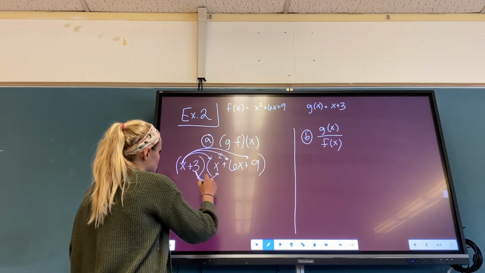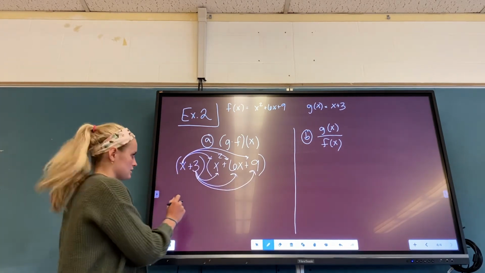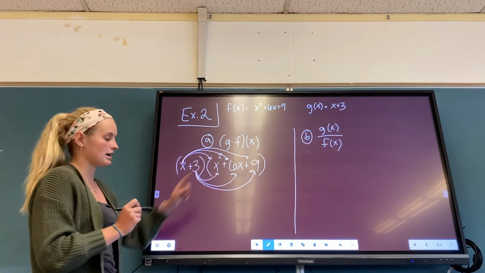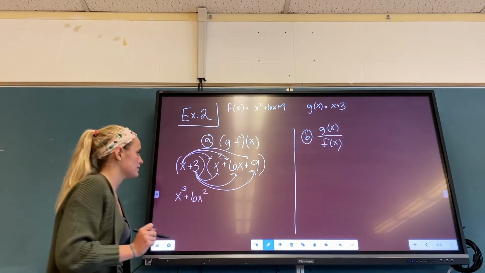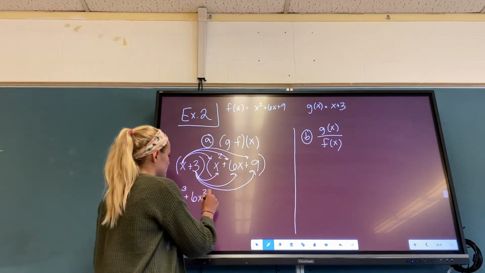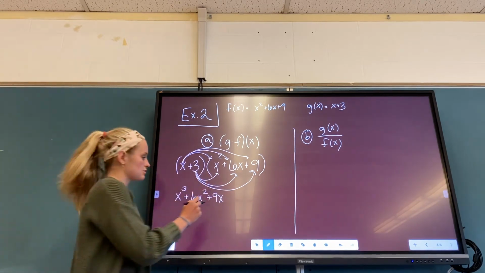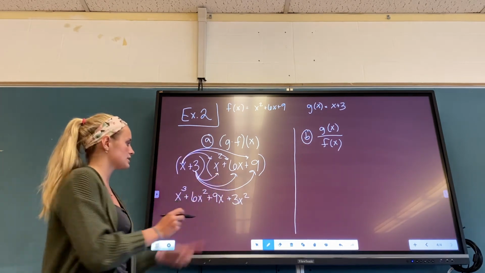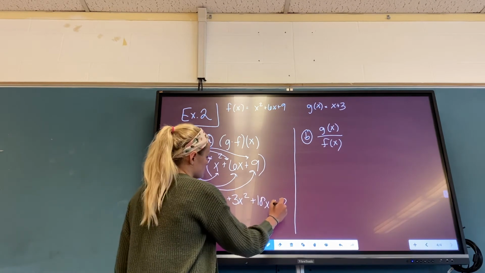So there's three things we have to multiply by. So x times x squared is x cubed. X times 6x is positive 6x squared. X times 9 is positive 9x. 3 times x squared is positive 3x squared. 3 times 6x is positive 18x, and 3 times 9 is 27.